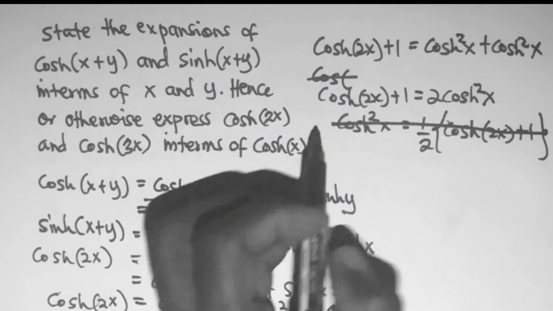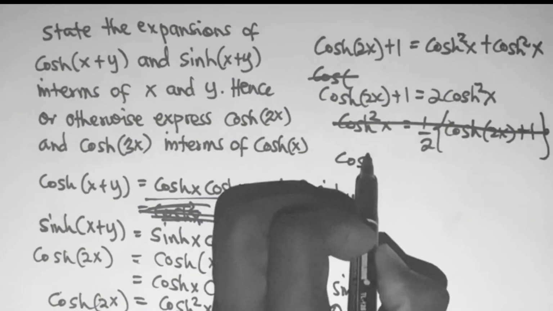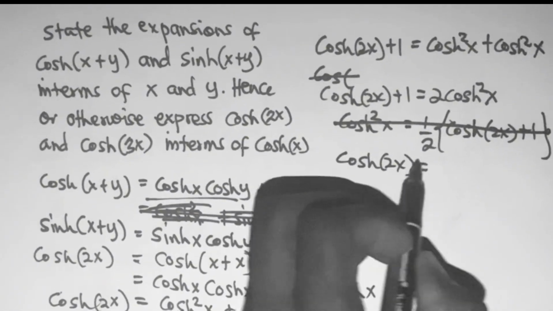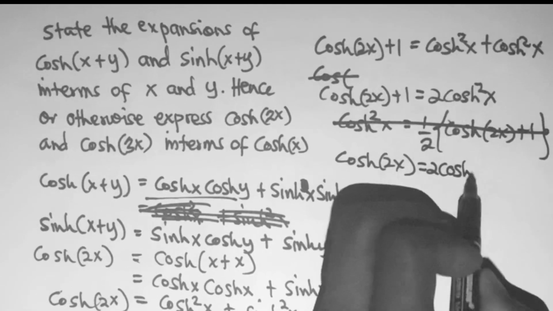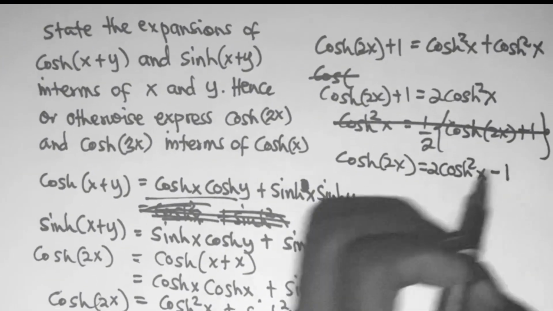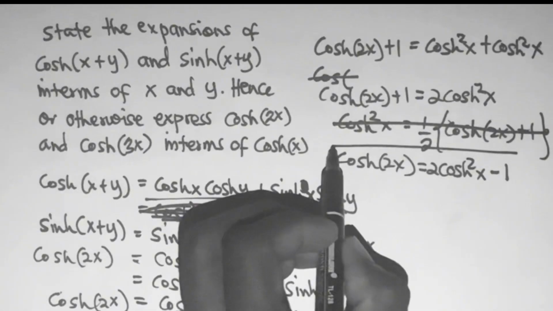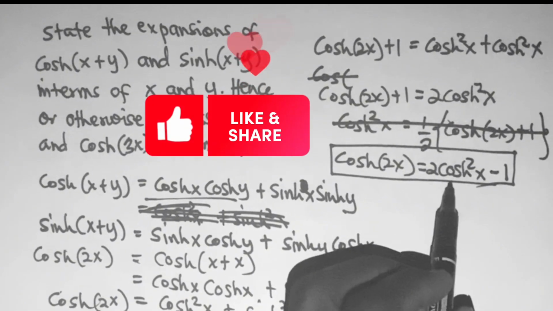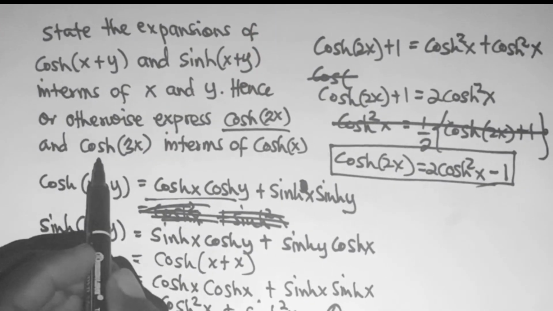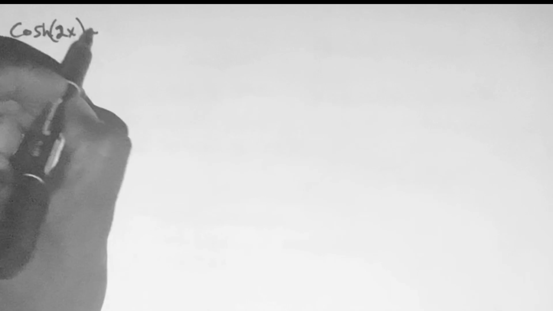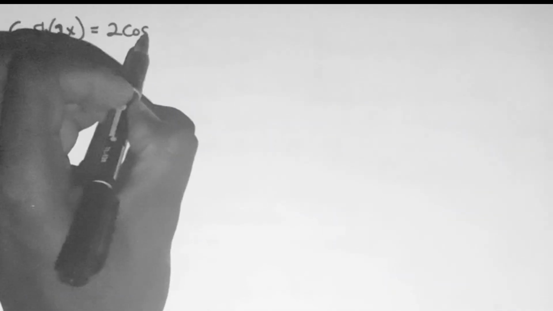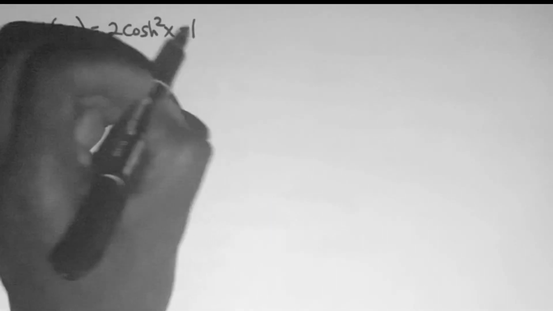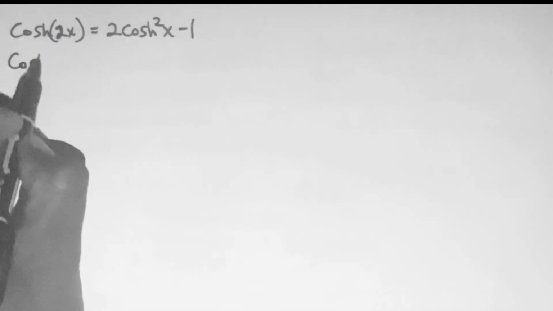We are looking for cos 2x, so cos 2x is equal to 2 cos squared x minus 1. So we are done with cos 2x in terms of cos x. Now let's look for cos 3x. So we have already established that cos 2x is equal to 2 cos squared x minus 1. So what is cos 3x?